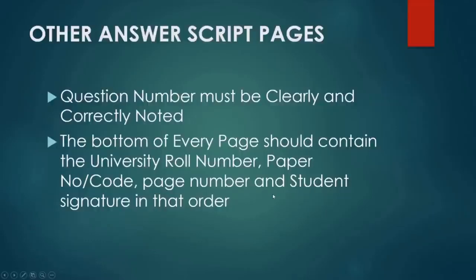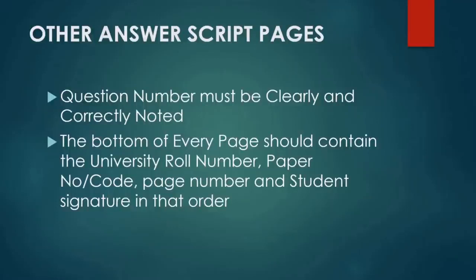Now, coming to the other answer script pages, which means page number 2, 3, 4, 5, 6 onwards. There are two things which you need to keep in mind and adhere to at all times. Number one, whatever question you decide to write an answer for, make sure you write the question number clearly and correctly.